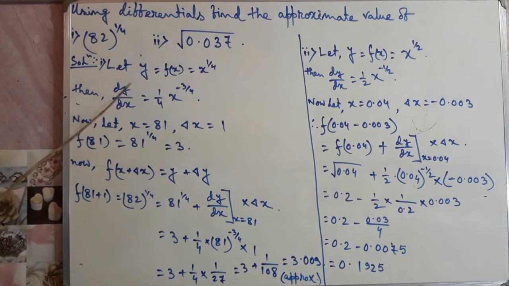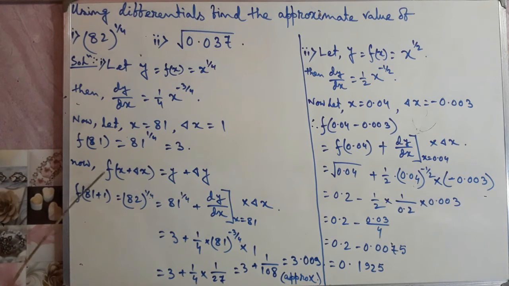Now, differentiation of y with respect to x is 1 by 4 into x to the power minus 3 by 4. Let x equal to 81, then delta x equal to 1, as 81 plus 1 is equal to 82. So f of 81 is 81 to the power 1 by 4, equal to 3.